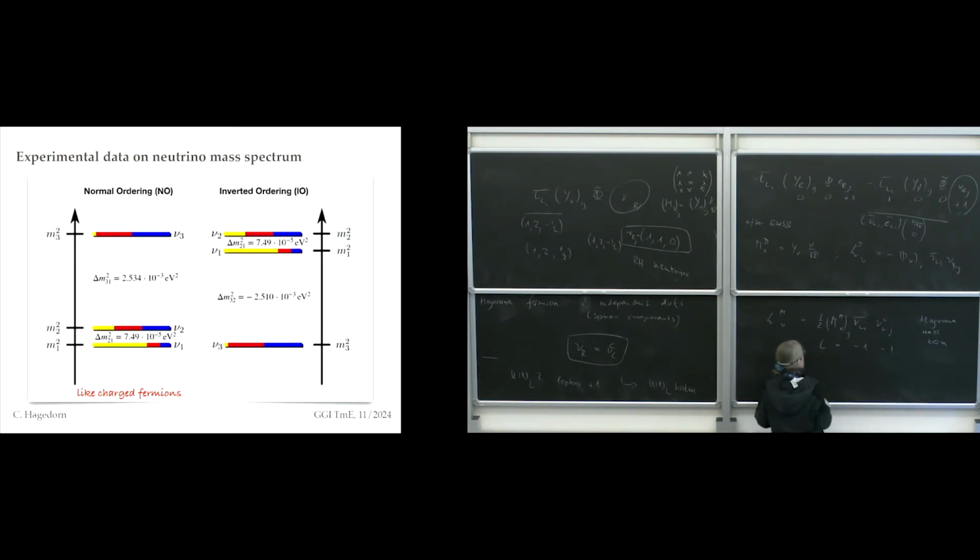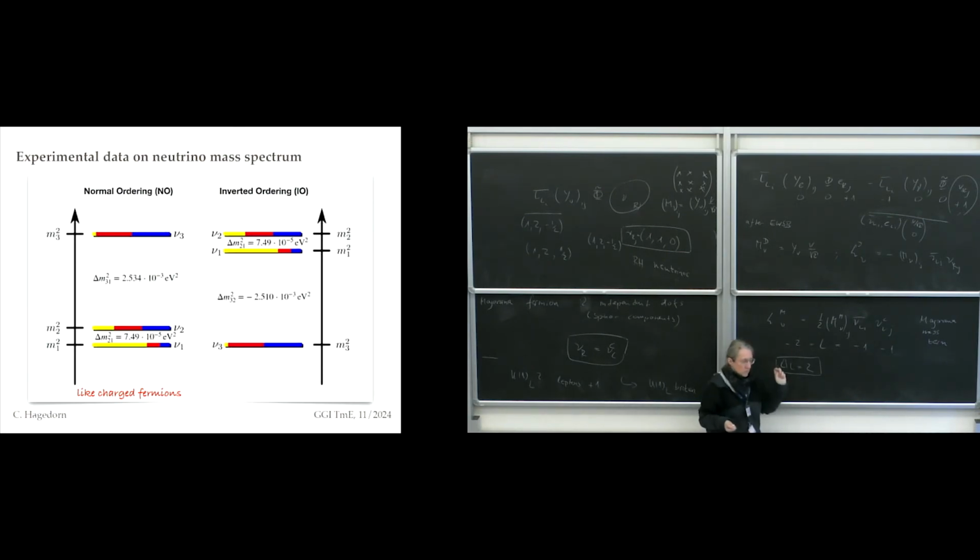So the L of this term is -2, which means this is a ΔL equals 2. Now, this is fantastic. We have seen for the first time that violation of lepton number is possible, without breaking all the rules and all the symmetries which we know and what should be conserved. So we can do this in principle. Neutrinos can do this.